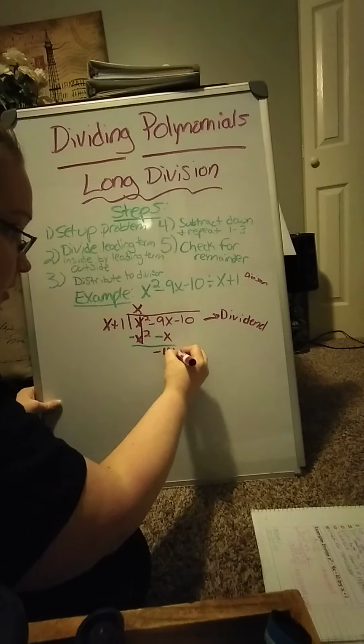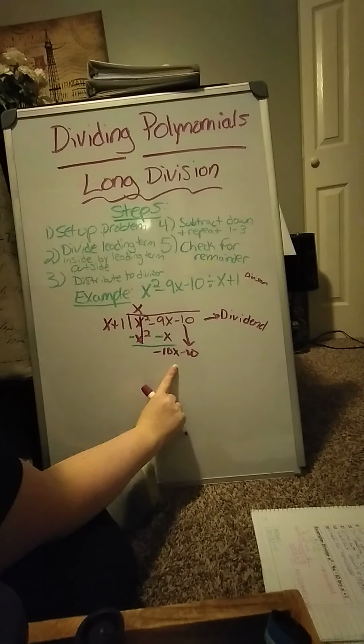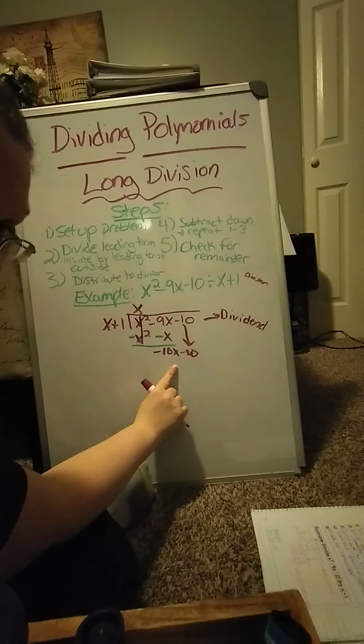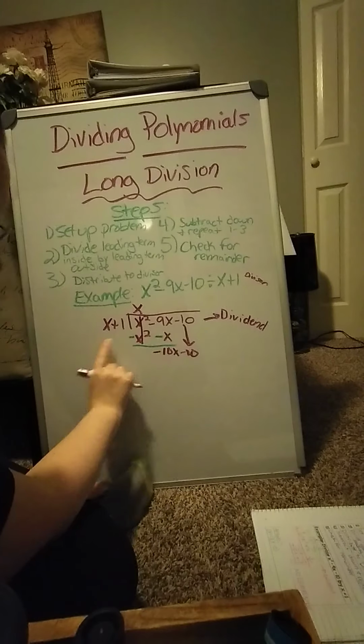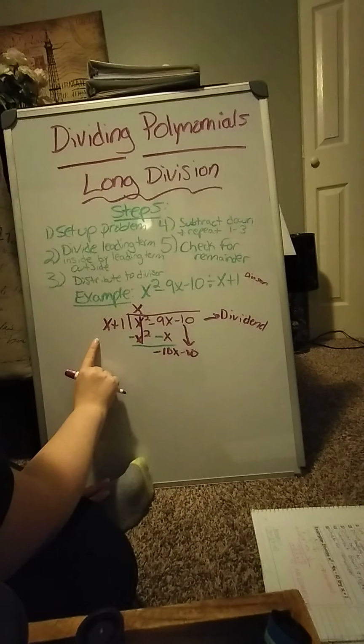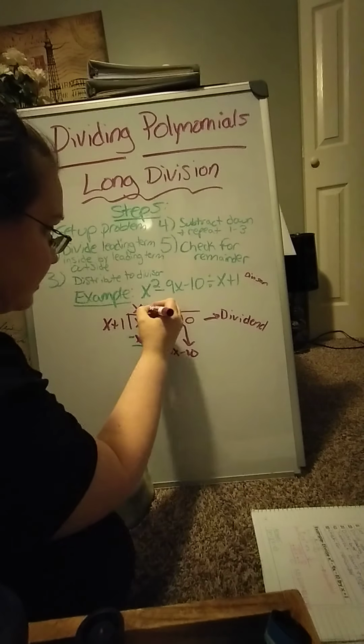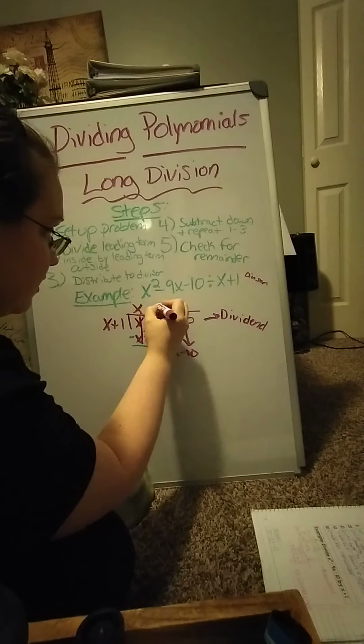And now I have to go back to step 2, sorry, and we're going to do this again. So now I'm going to look at how many times does this x go into the negative 10x, or negative 10x divided by x. So if I do negative 10x divided by x, that gives me minus 10.